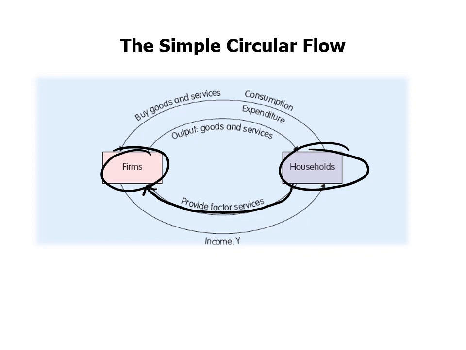And then the firms make goods and services, this output, and they turn around and sell it to households. Okay, so firms make goods and services, sell them to the households, and they have to pay for the factor services they've taken in the first place.